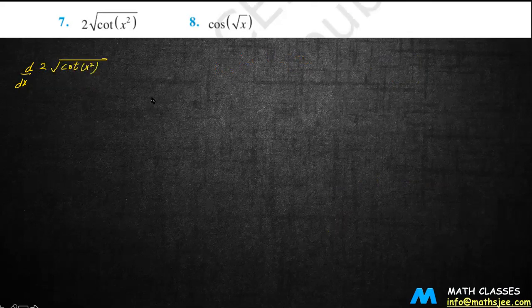Now this is the same as cot of x square raised to the power half, right? So it will be n into x raised to the power n minus 1, which will be half, then cot of x square, half was already there, half minus 1, right? So minus half. Now the power has played its role in the derivative.